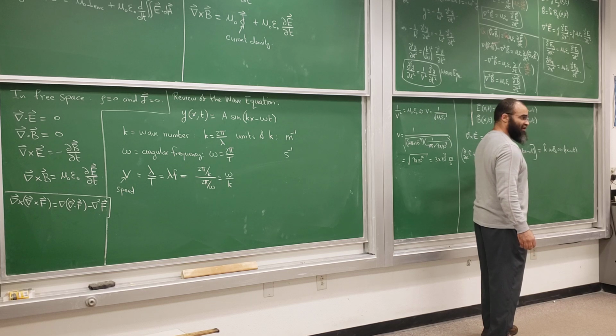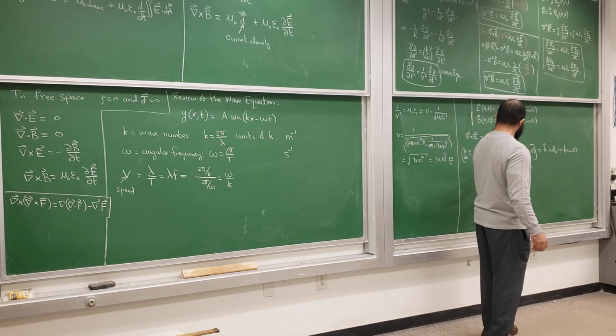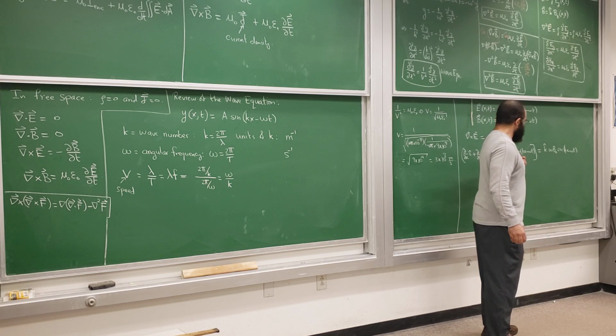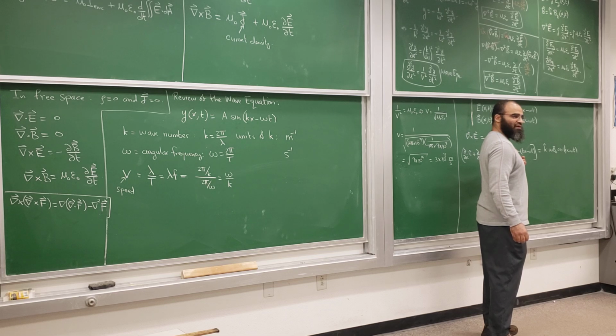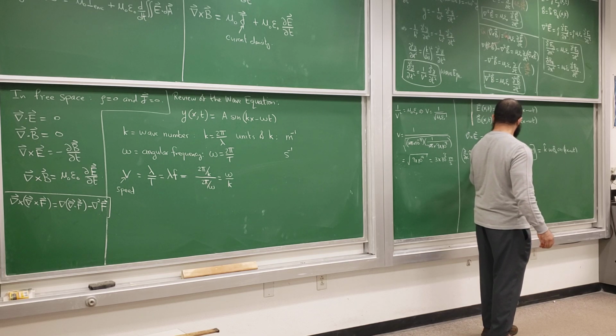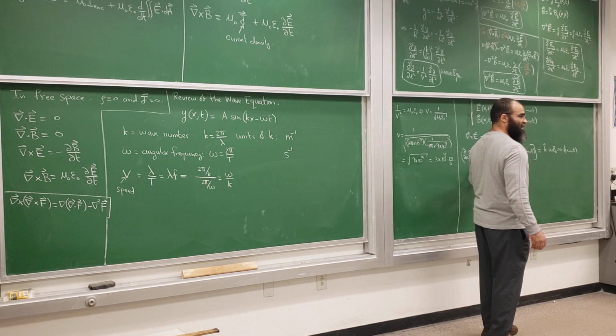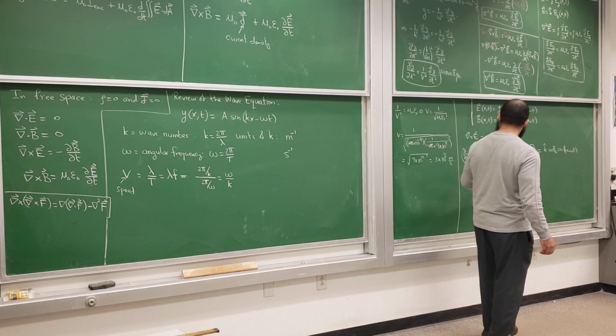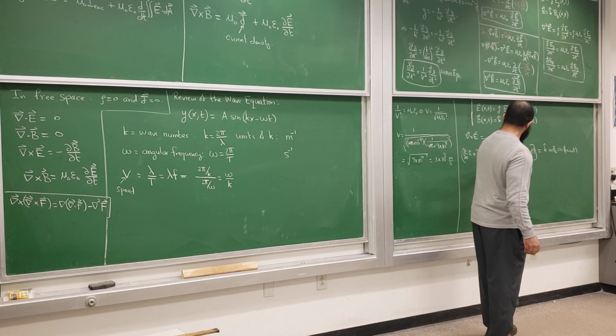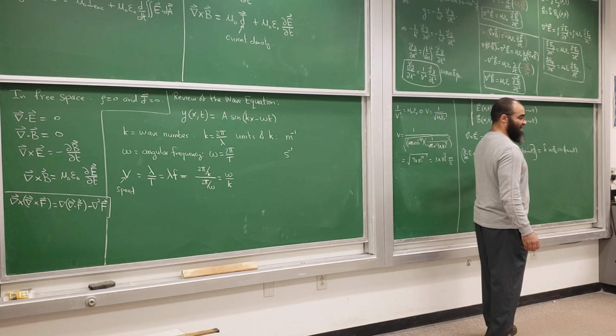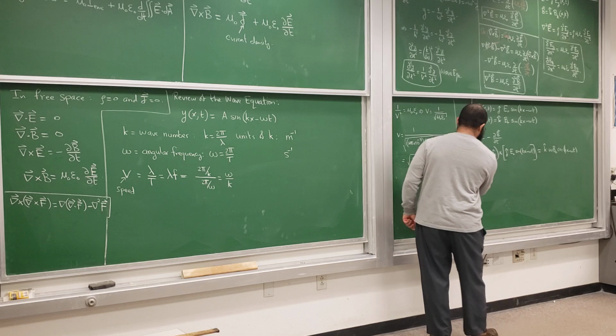K hat crossed with j hat is not 0. However, the derivative with respect to z of this function is 0, so this one and this one do not contribute anything. Next, what is i hat crossed with j hat? K hat, by the right hand rule.